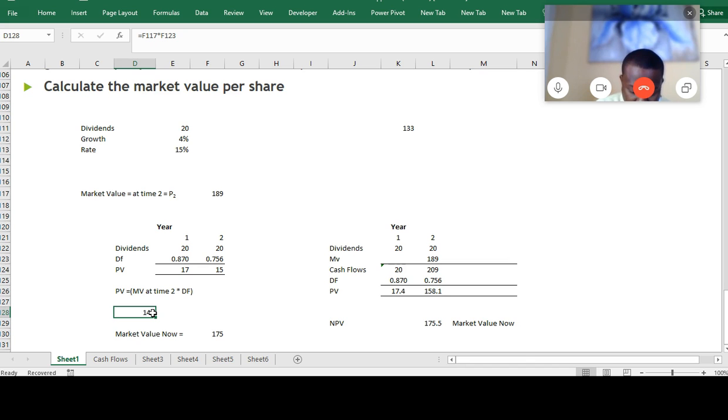But remember that now this one becomes more or less like you're bringing in the cum-div thing. You have factored in dividends. So the dividends that you're going to get, you add them to your present value of that market value.